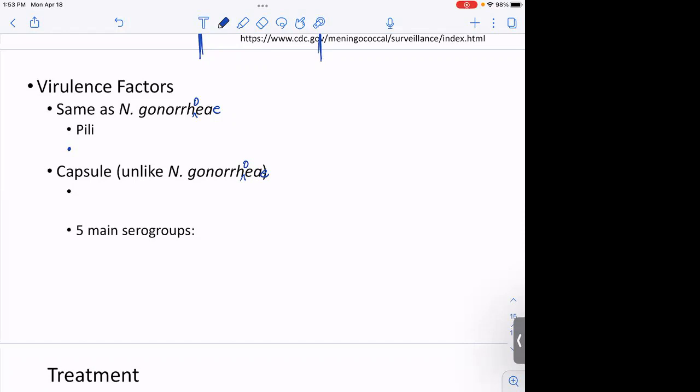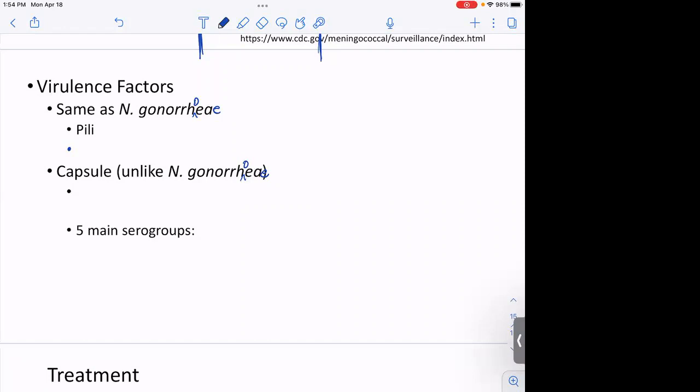Some of the virulence factors are pretty much the same as those that we talked about with Neisseria gonorrhoeae. I realized right before lecture that I spelled that organism wrong. You throw that O in there, and you don't really hear it. But remember, Neisseria gonorrhoeae has the pili. The book called it fimbriae.